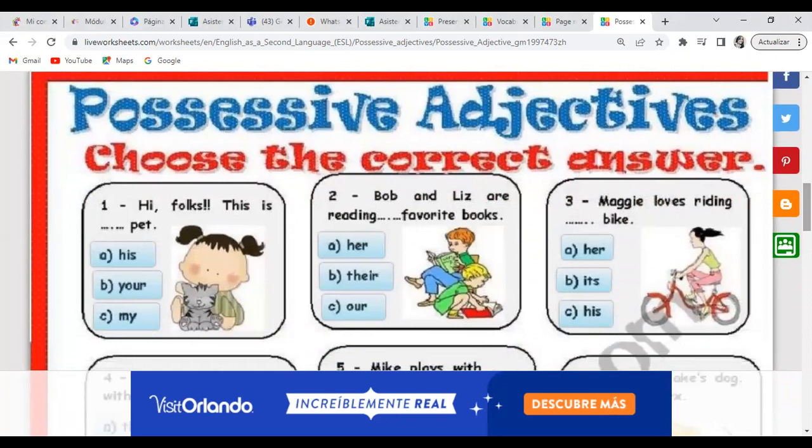Remember, guys, the possessive adjectives always go before a noun. Esa es la regla para usar los adjetivos posesivos. Siempre, siempre van antes de un sustantivo y obviamente nos indican posesión. Por ejemplo, mi casa, mi nombre, mi familia, mis hijos, ¿ok? My house, my family, my children.